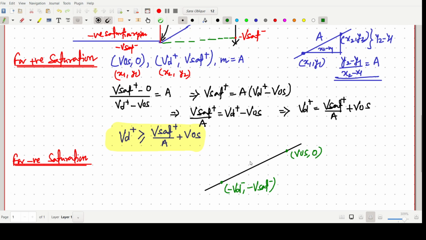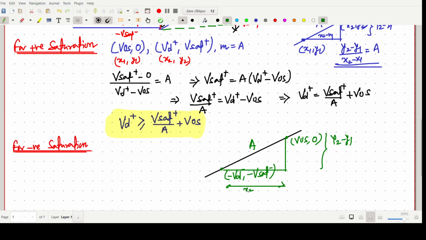The slope is again A. So we can write y2 minus y1 equals A times x2 minus x1.